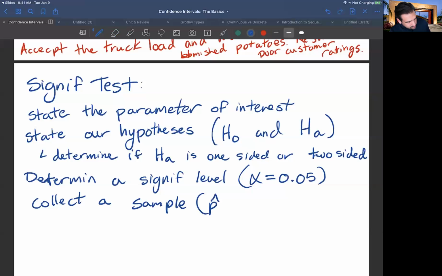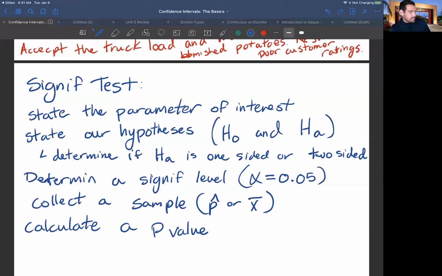This is p hat or x bar. Calculate a p-value. And then conclude results. So you can say that these are all the steps of a significance test.